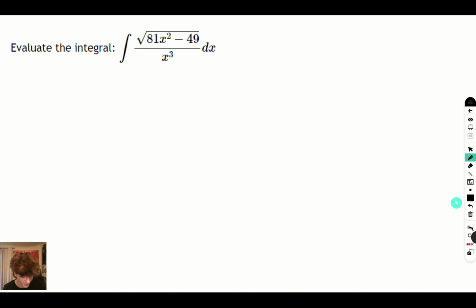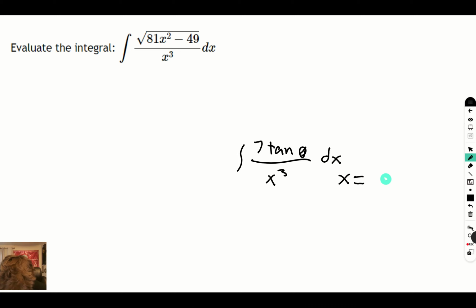That's not an issue. Alright, so we have 7 tan theta over x cubed dx, and our x is equal to 7 secant theta over 9. Problem solved, no worries. So now let's plug in our x for everything else.